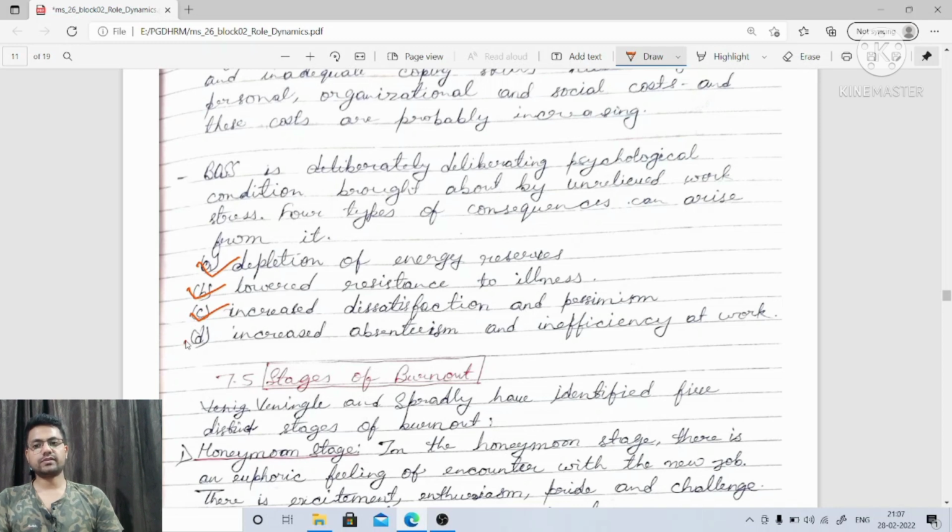And fourth, increased absenteeism and inefficiency at work.